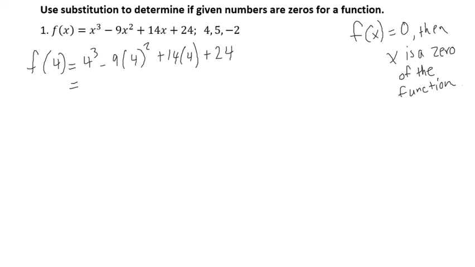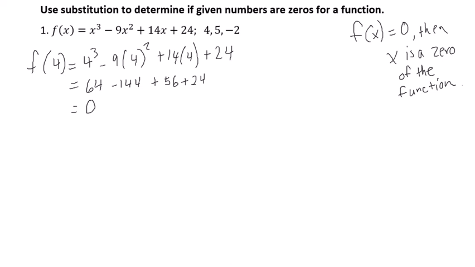So 4 times 4 times 4, 64. 4 squared is 16 times 9 is 144. Plus 14 times 4 is 56. Plus 24. So 64 and 56 and 24 give you 144. Take that away, 144, and you end up with 0.